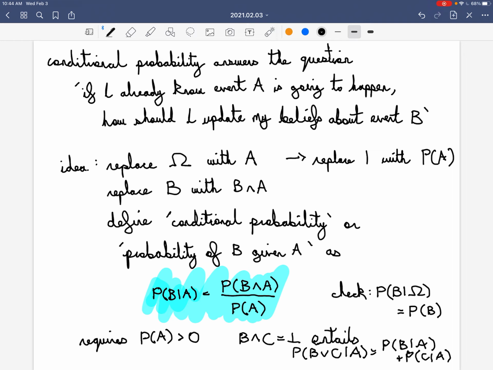So if we're conditioning on a certain event, the whole sample space, it stands to reason that this should work out to exactly the same concept of probability as we had before, without any kind of conditioning. And you can see that if you look at B and the whole sample space, that's just the event B back again, because B and something certain is the same condition as B, and B is already a subset of the sample space.